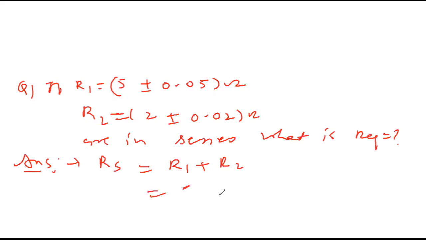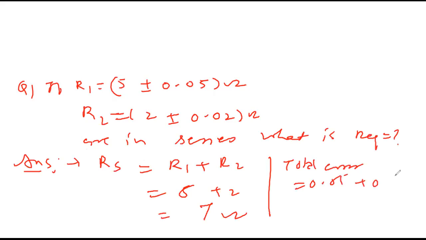So it will become 5 plus 2, that means 7 ohm, and the error will be 0.05 plus 0.002, which is 0.007. So R value is 7 plus or minus 0.007 ohm. I feel now you have understood what I did. While adding or subtracting, you have to add the errors. Solve this sum.